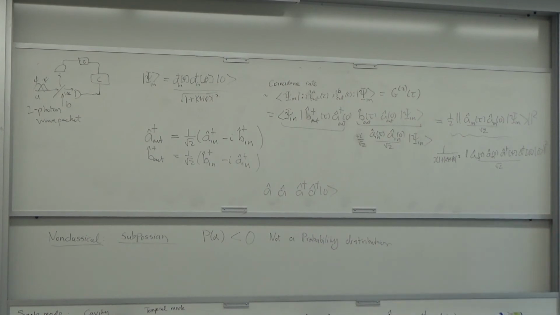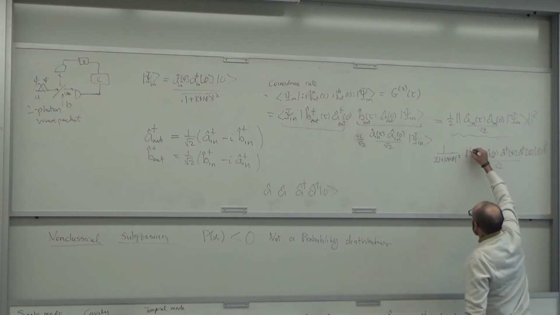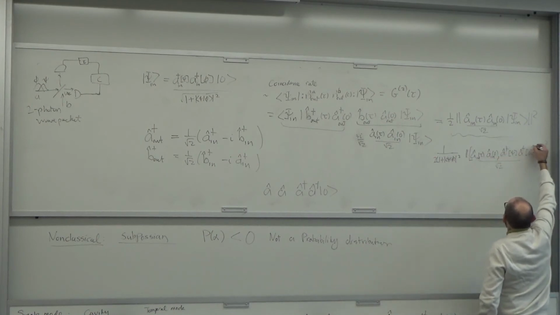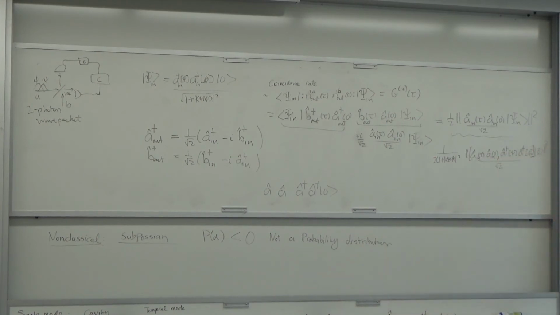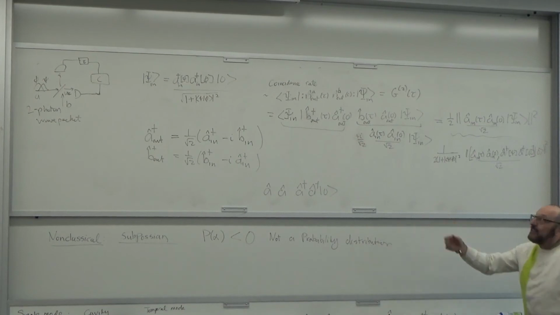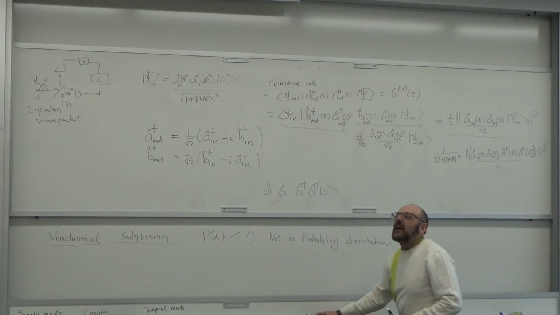So this is equal to that, right? Because if I put them in the other order, I get 0, because we just said that. So now all I've got to do is calculate these commutators. I'm going to do my thing.